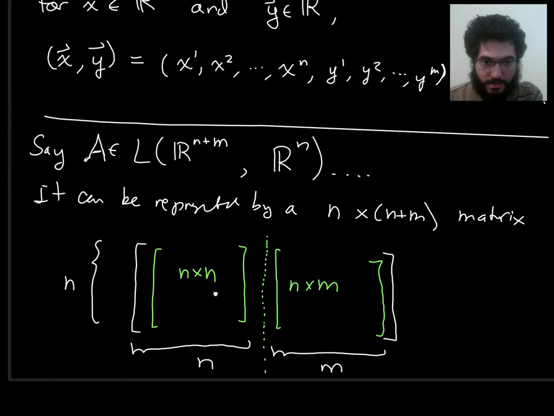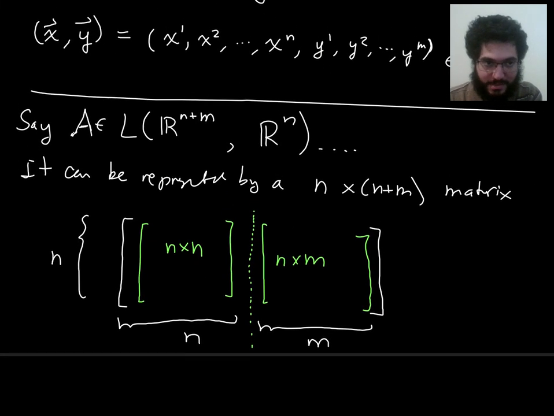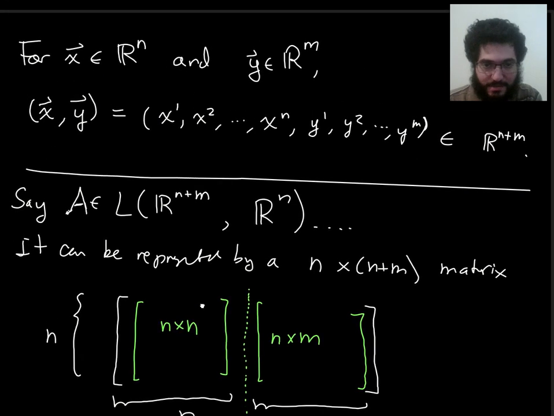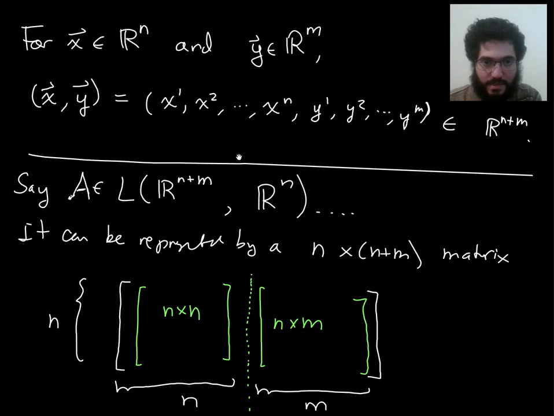Okay, so how am I going to do this? First of all, in order to do this cut, we're going to insist on the standard basis, or at least, how to phrase this.